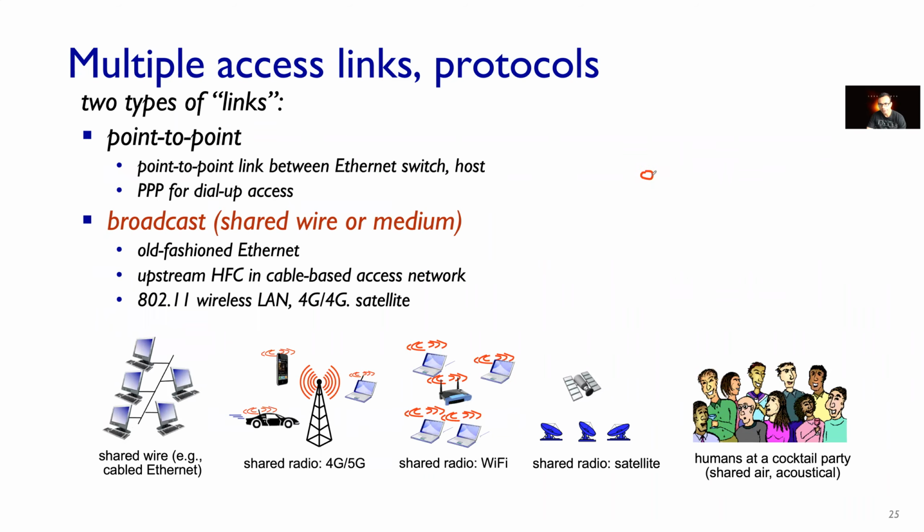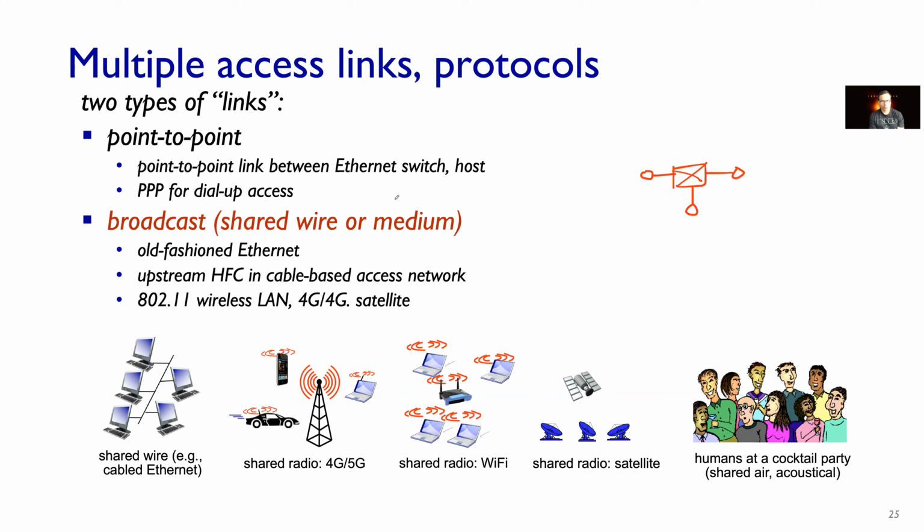You might have seen these examples earlier where you had this switch, then you had various hosts connected to it, right? So this effectively becomes a point-to-point link, or even say your ADSL link and so on.